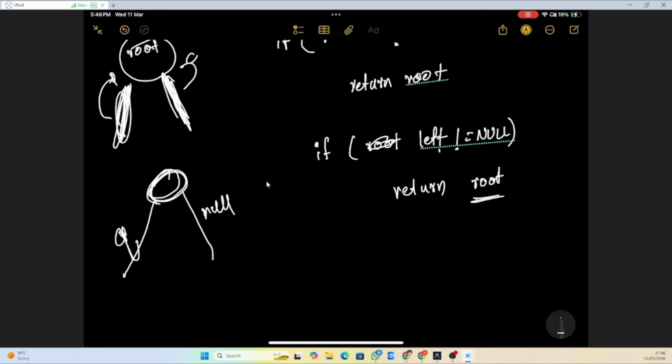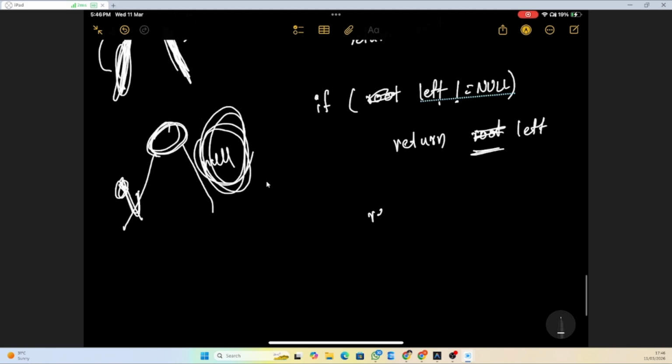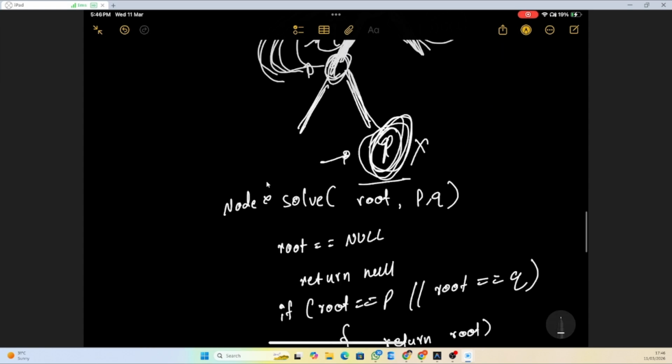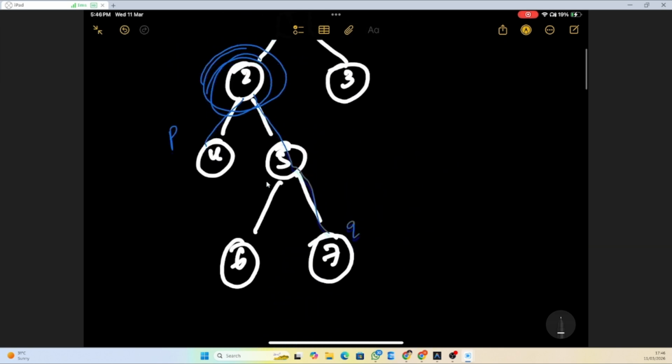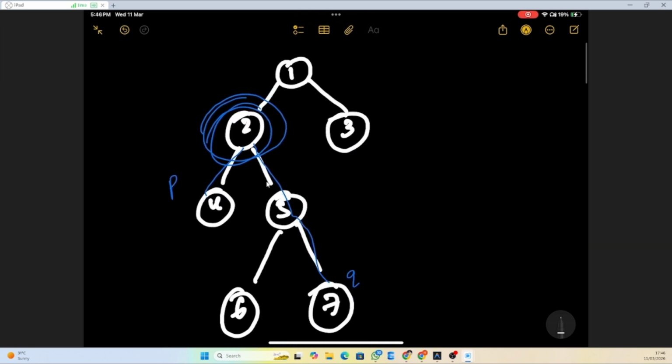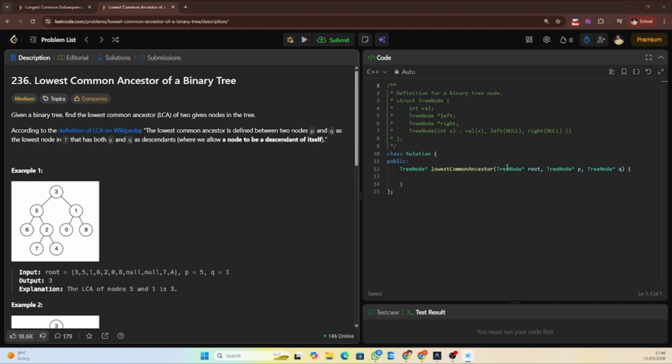If right is null, and if left returns something, you need to return left, and otherwise return right. This is the code. Let me code it at least once.